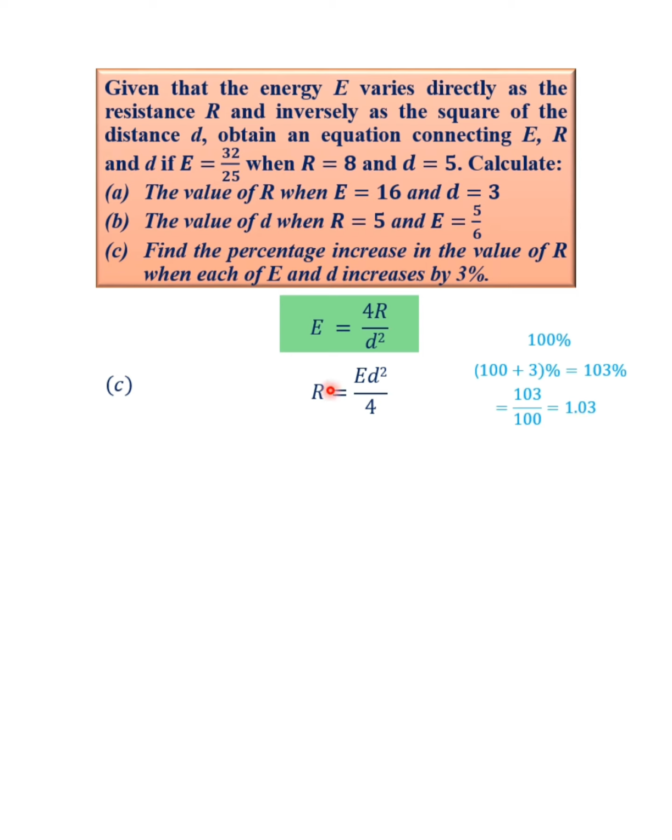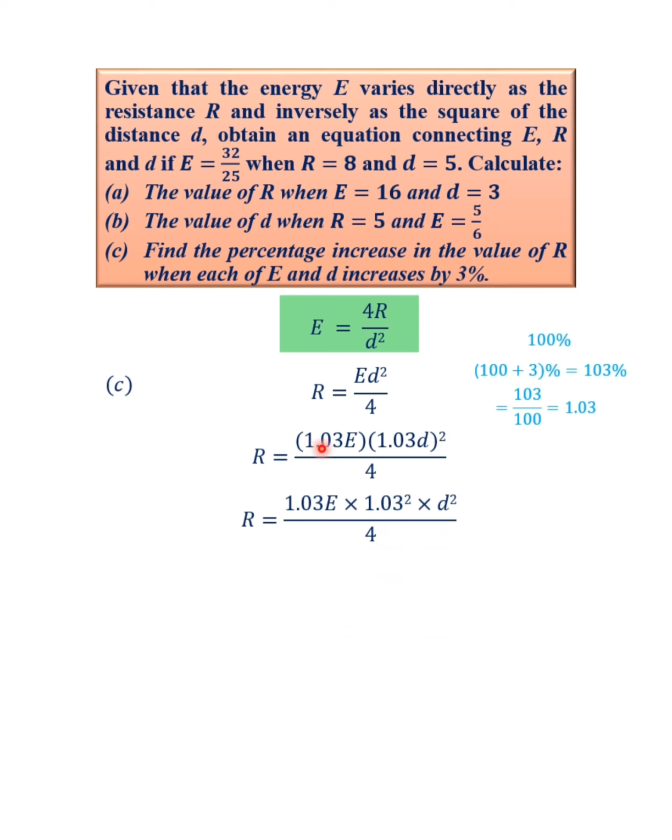Now, let's bring it into this equation. E has increased by 3%, D has equally increased by 3%. So in the place of E, I am now going to write 1.03E because it has increased. In the place of D, I'm now going to write 1.03D because it has also increased. Remember the square. At this point, we solve further. Everything is divided by 4.